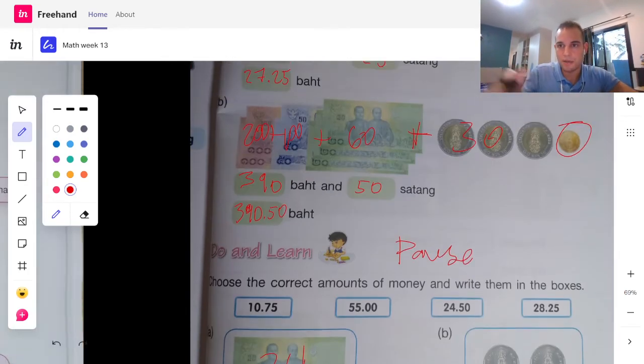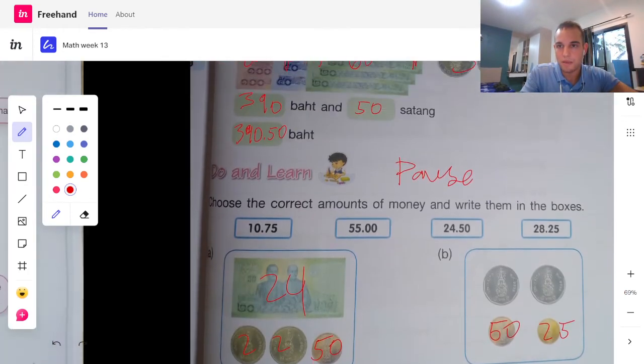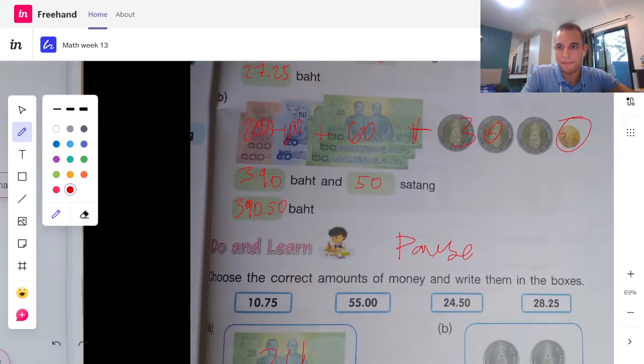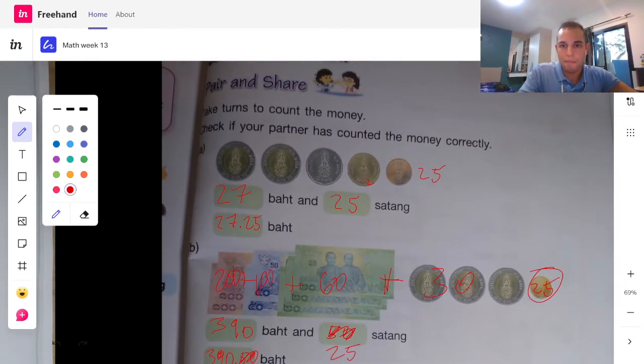So let's take a look here. This must be the 25. Okay, so let's fix this to 25 satang, and we'll fix this to 25. Okay, and that means this one is 50. So we'll fix this to 50 satang, and we'll fix this one to 50 satang.